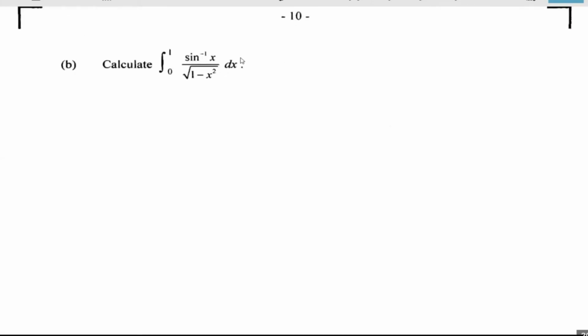Now think about it this way. If u is equal to sine inverse of x, what is du? That's all you're doing. This is so easy. This is now integration by substitution.